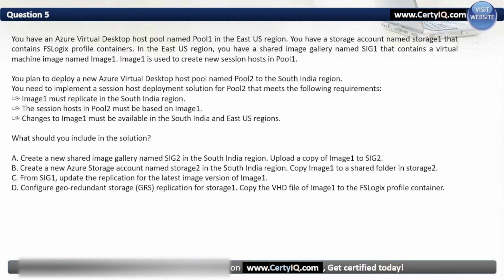You plan to deploy a new Azure Virtual Desktop host pool named Pool2 to the South India region. You need to implement a session host deployment solution for Pool2 that meets the following requirements. Image1 must replicate in the South India region. The session hosts in Pool2 must be based on Image1. Changes to Image1 must be available in the South India and East US region. What should you include in the solution?